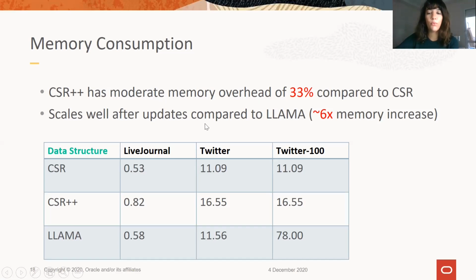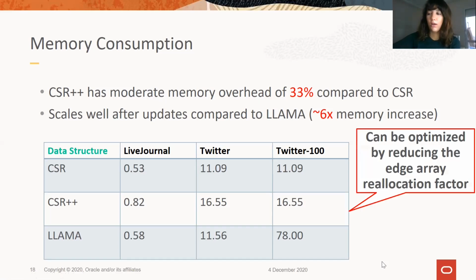We tested CSR++ and Llama in both contexts. The first is where we don't update the graph, meaning we only read the graph, and we found a 33% average overhead compared to CSR here. Then we tested the other case, after applying mutations.